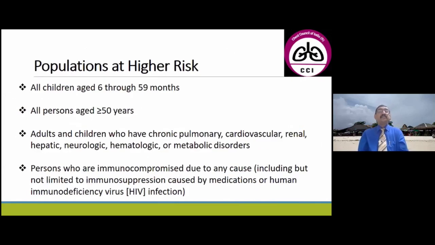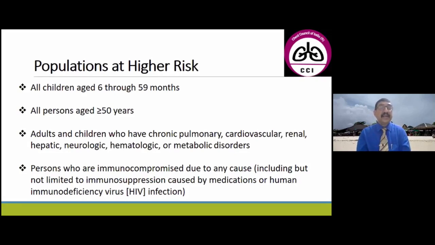Which are the high-risk population for whom you have to give influenza vaccination? It has been recommended by CDC that all children aged 6 through 59 months should be given influenza vaccination, especially those patients who have allergic rhinitis and bronchial asthma.